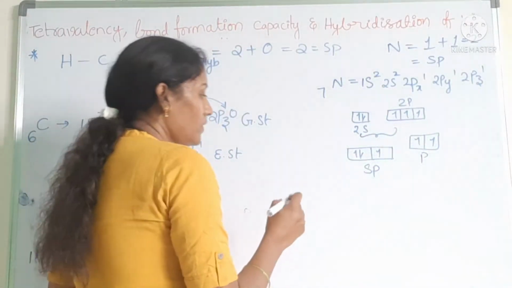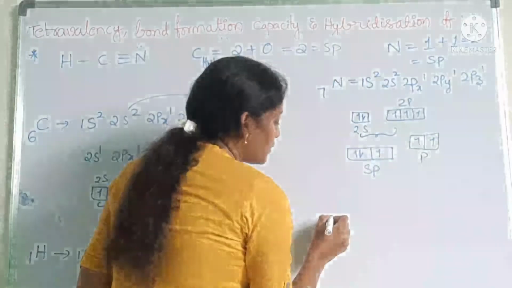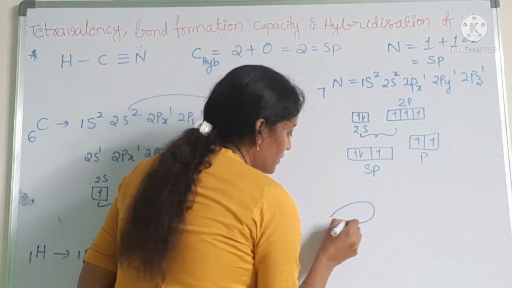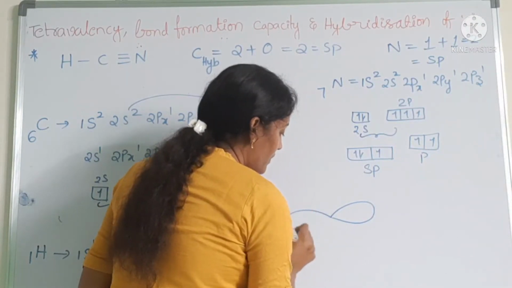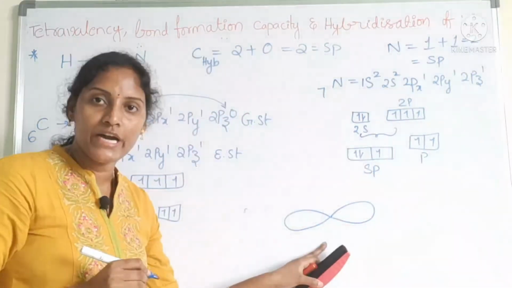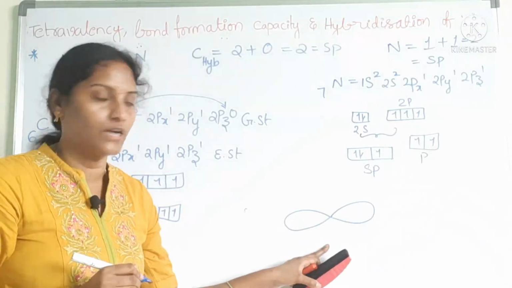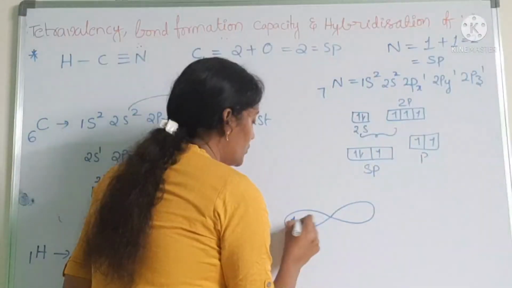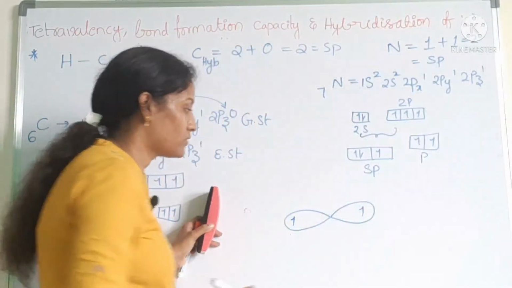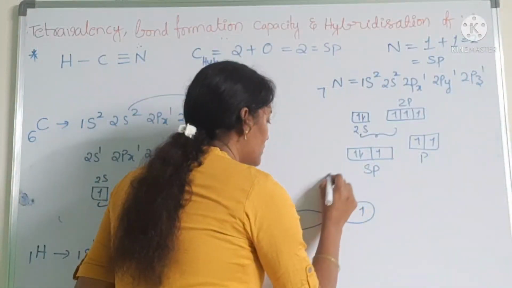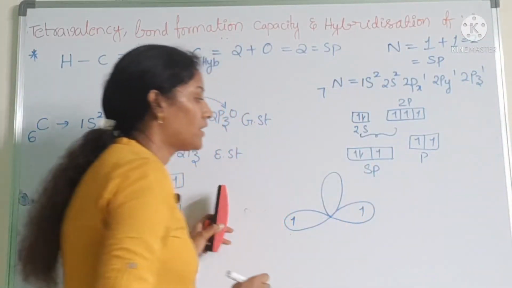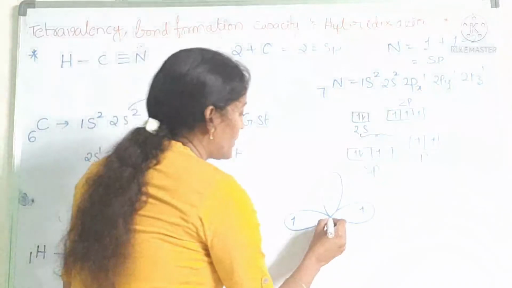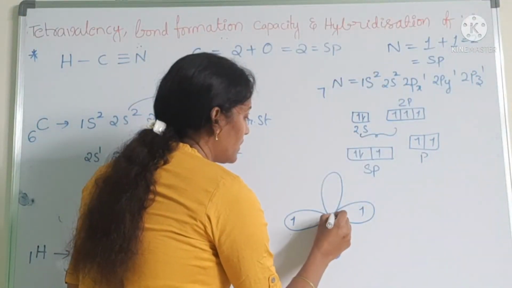See how nitrogen and carbon are involved in bond formation. These are the hybridized orbitals from carbon. Each one has a single electron. This is an unhybridized orbital from carbon.